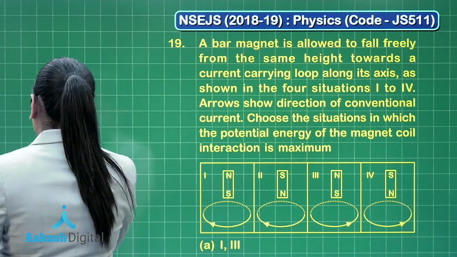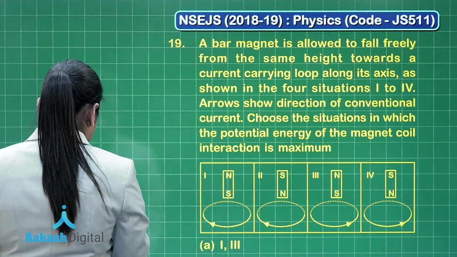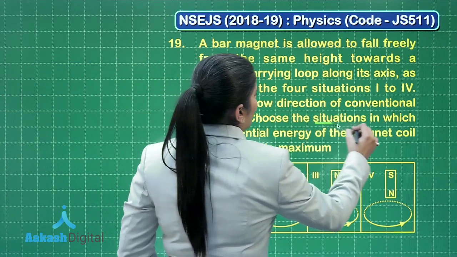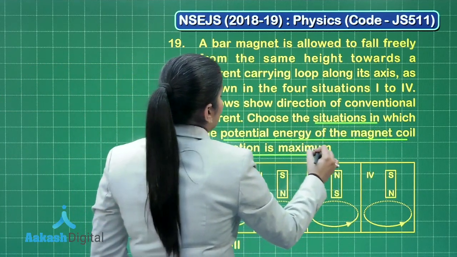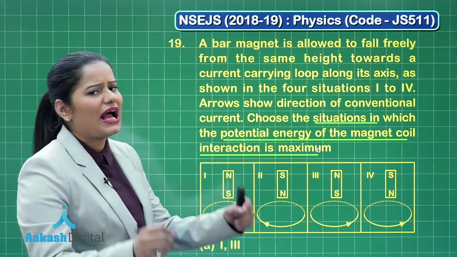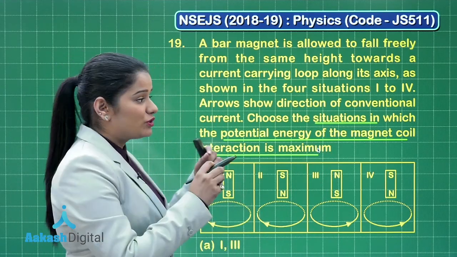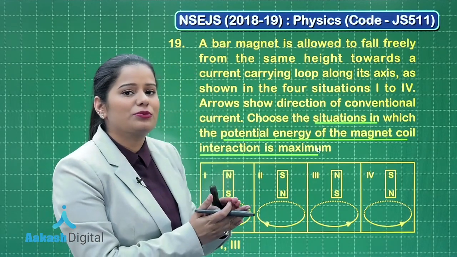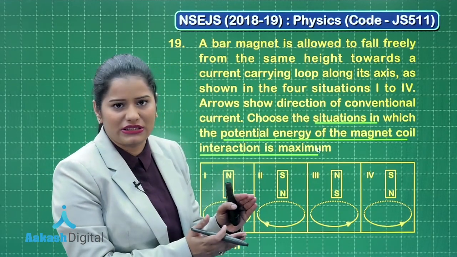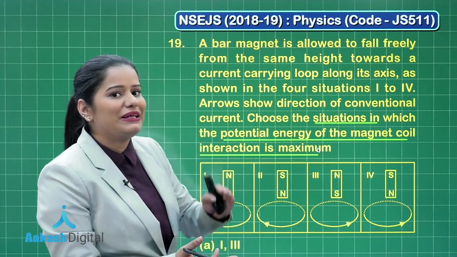Just underline this statement, this is very important. And do remember this, that potential energy will be maximum when there is going to be a repulsive force between the coil and the magnet.